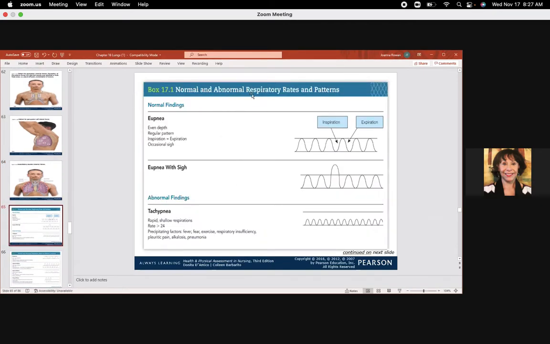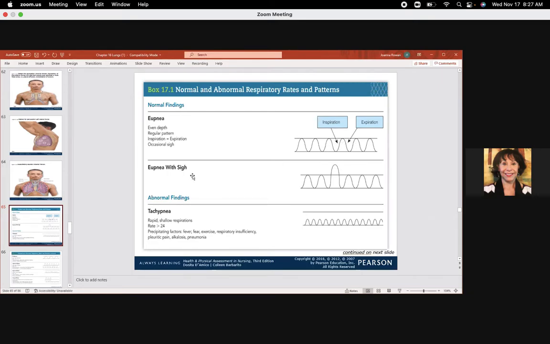These are normal and abnormal respiratory rates and patterns. Eupnea is the normal breathing, which is when there is even depth, a regular pattern, inspiration is equal to expiration, and there is an occasional sigh. This is the way you will see it on the monitor.